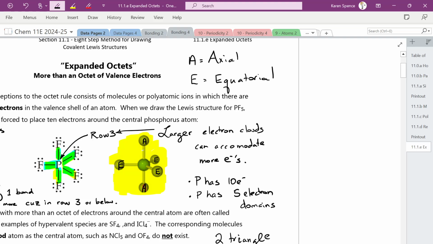So 2 of them are axial, 1, 2, 3 are equatorial. So top, bottom with, what do we have around the middle? A little 2, 2. Okay? Top, bottom, 2, 2.